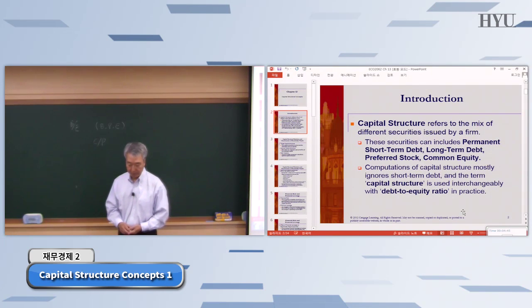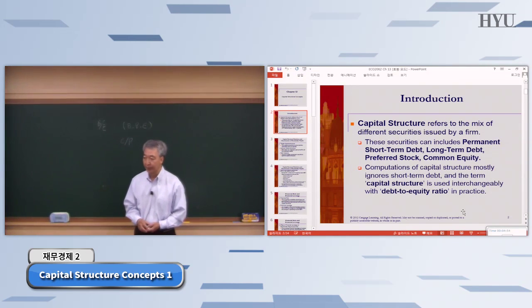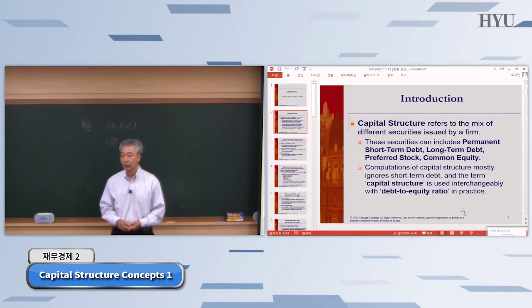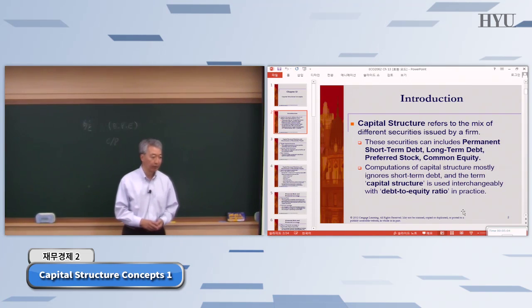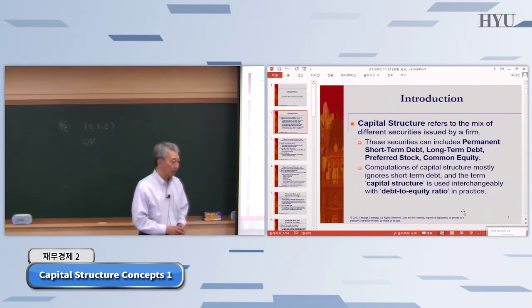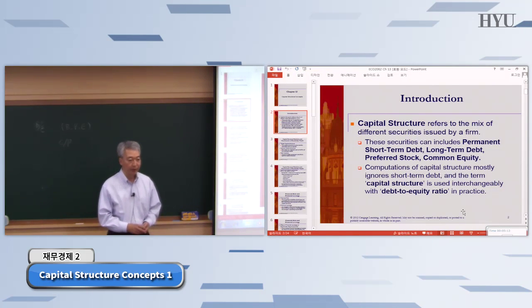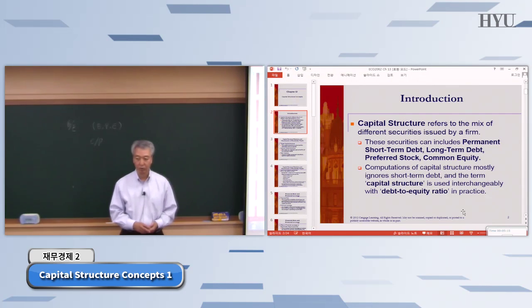What do we mean by permanent short-term debt? This is to distinguish this from any seasonal debt. Okay? So when a company runs the business during the entire year, depending on season, let's say you're a soft drink company, like Coca-Cola, right? Then during the summer time, obviously your sales will be great, okay? But during the winter time, your sales will be slow, right?